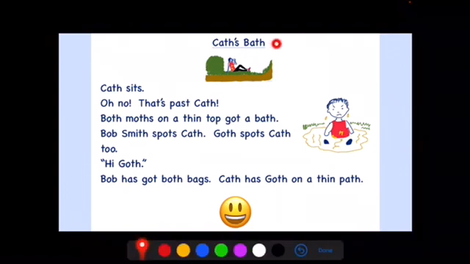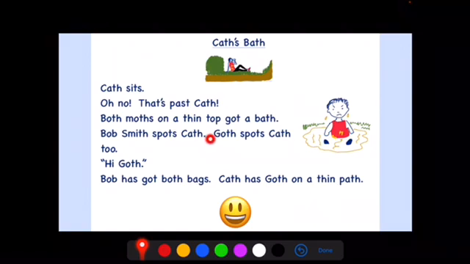Kath's Bath. Kath sits. Oh no! That's past Kath! Both moths on a thin top got a bath.